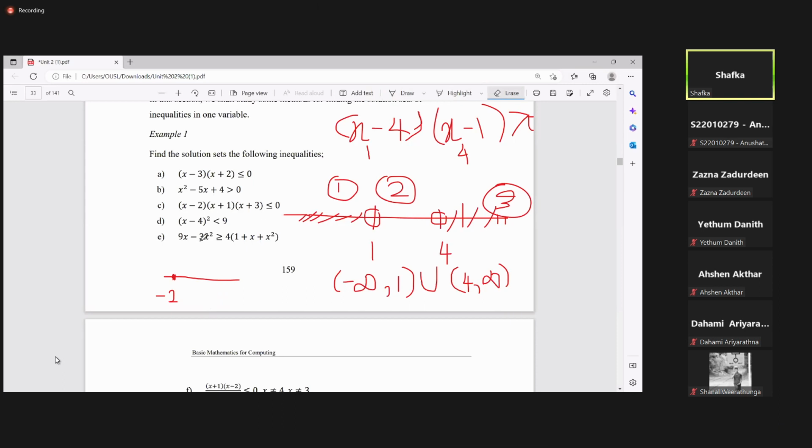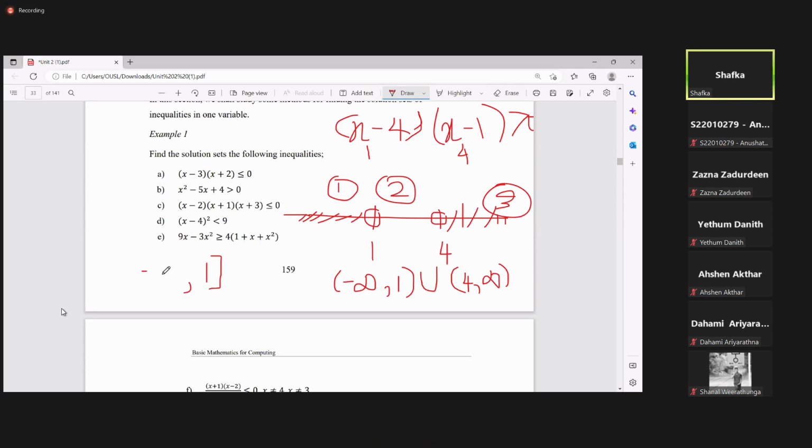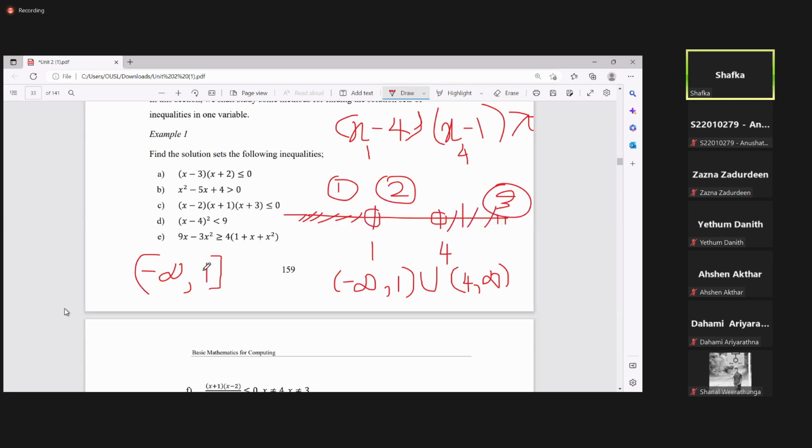Does 1 satisfy the inequality? No, that doesn't satisfy. So we have to remove 1 from our solution. If we wrote it with a square bracket, this says minus infinity to 1, which includes 1.